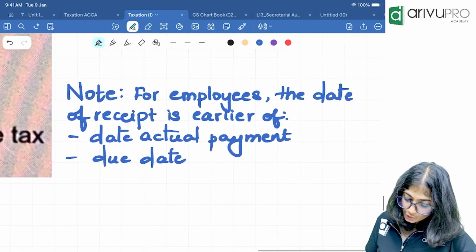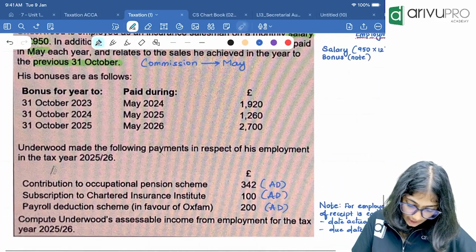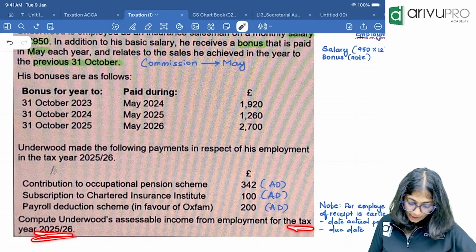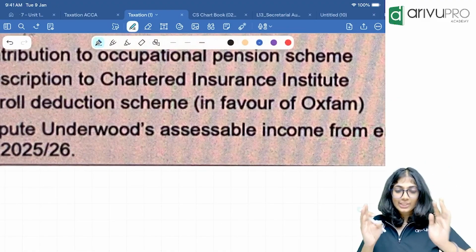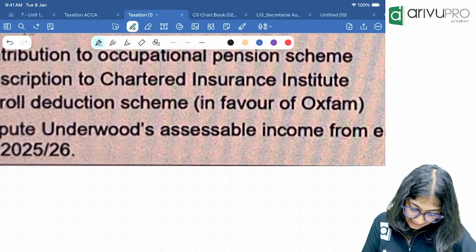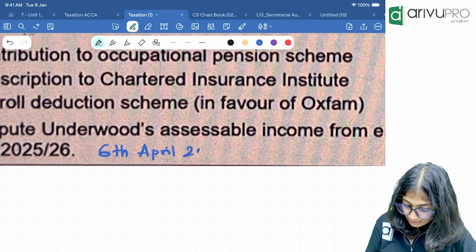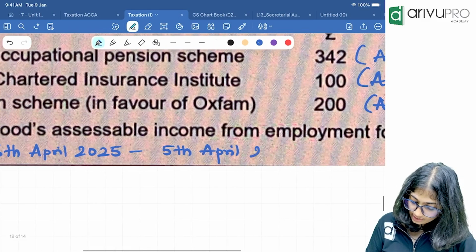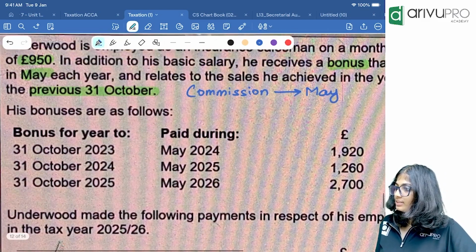What is the date of actual payment when it comes to our tax year? They have given for 3 years. We only care about this part because we are looking for tax 2025 to 2026. What is the tax year for 25-26? It starts 6th April 2025 and it's ending at 5th April 2026.